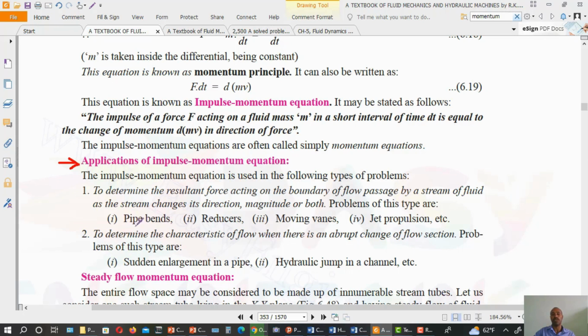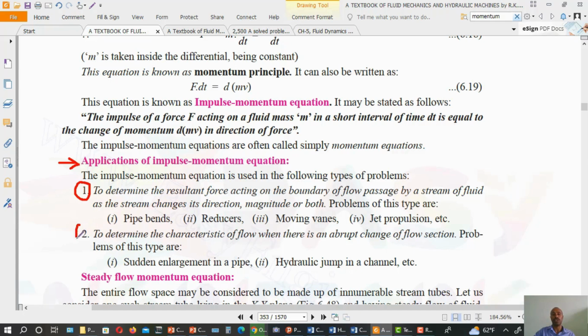For example, pipe bends, reducers, moving vanes, jet propulsion. These are examples of this one: to determine the resultant force acting on the boundary of the flow passage. If you have a pipe bend, then there is a change in direction of the flow, so you will have a resultant force acting on that bend.